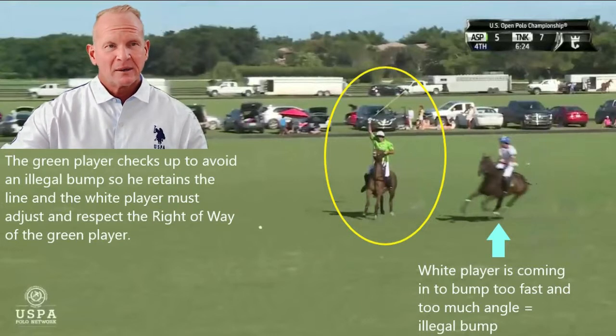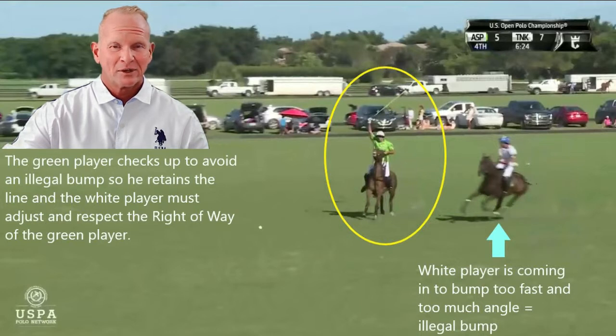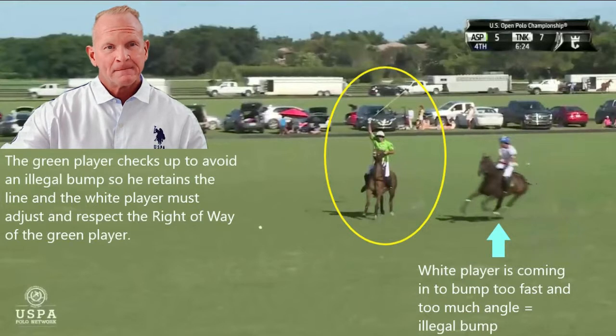That player still needs a couple horse lengths to do that, because if it's under two horse lengths, and especially if it's within one, it's going to be just a reach across your horse. So that's never going to work. But if he or she does have enough space, and they generally do, you check out of that bump, it's their ball at any level.